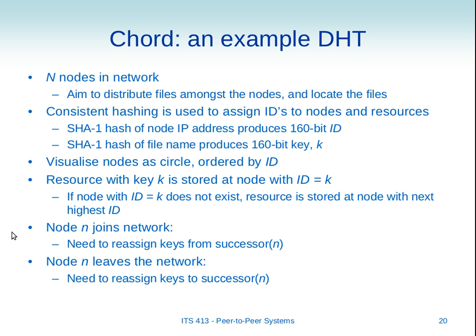So a resource which has key K is stored at the node with the same ID. So I have some file. I take the hash of that file, the contents of the file, and the hash produces some small value.